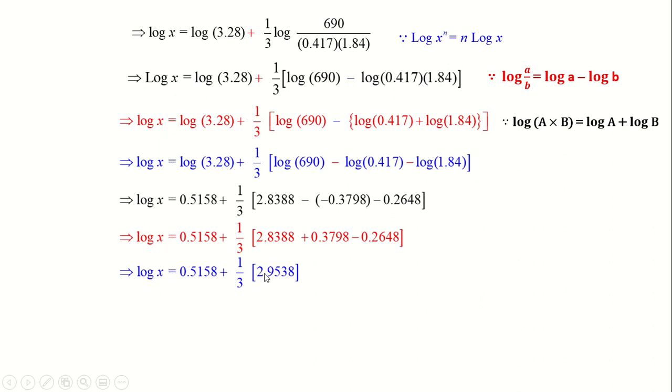Dividing this number 2.9538 by 3, we get 0.9846. By adding the two numbers, we get log of x equal to 1.5004. Now the step of taking anti-log on both the sides will be considered.